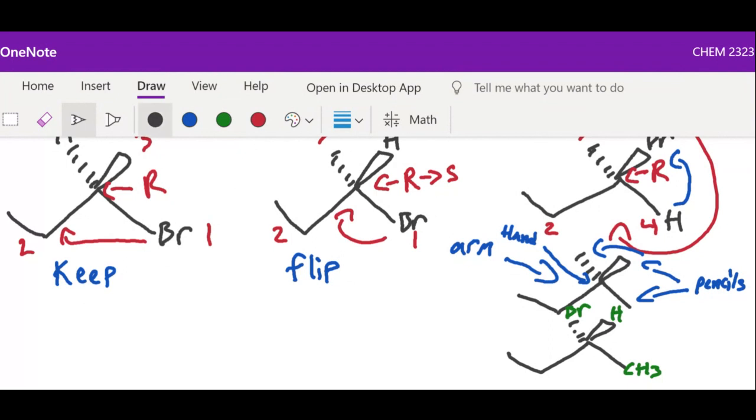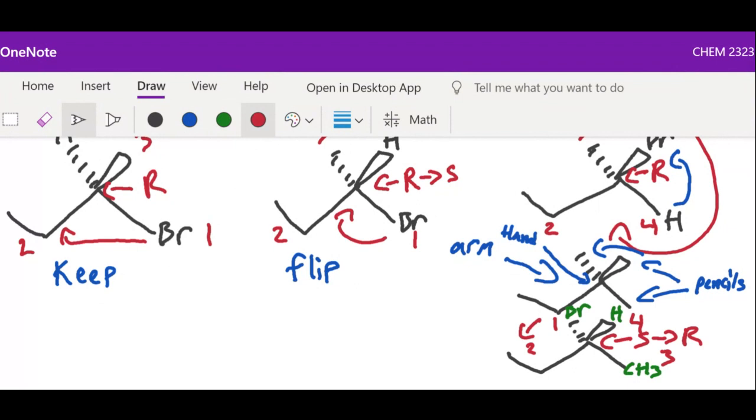So now in this scenario, we have bromine 1, ethyl 2, methyl 3, and then hydrogen 4. It goes counterclockwise. So this is S, but because our 4th group is on a wedge, it goes back to R. So sometimes even if you don't flip it, it's still the same.